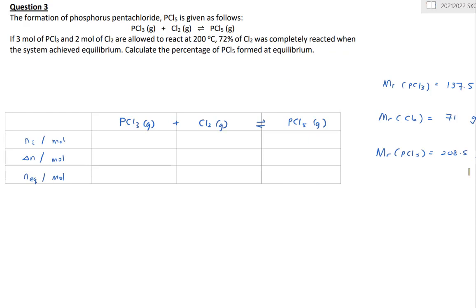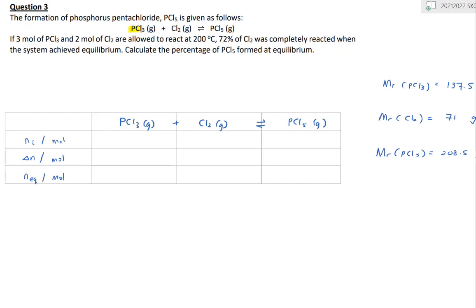Alright, so next we proceed to question number 3. Question number 3 is a slight challenge because the question gives you the percentage of degree of dissociation and you need to solve another problem. So the question says that the formation of phosphorus pentachloride, PCl5, is given as follows.